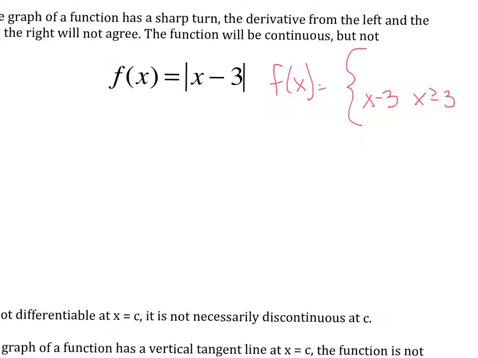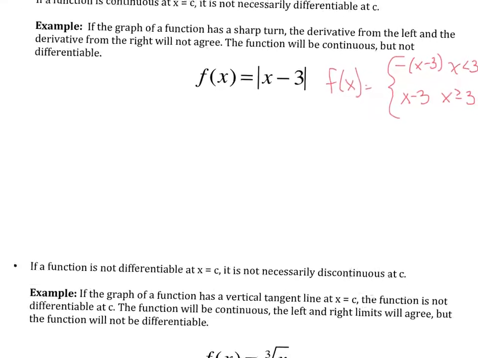It would be a little different if x is less than 3. Let's say I put in 2. I'd have 2 minus 3, that's negative 1. I'd have to take the absolute value of that, so essentially I'd be multiplying it by negative 1. So we have negative quantity x minus 3 when x is less than 3. That is our function, just written as a piecewise function.